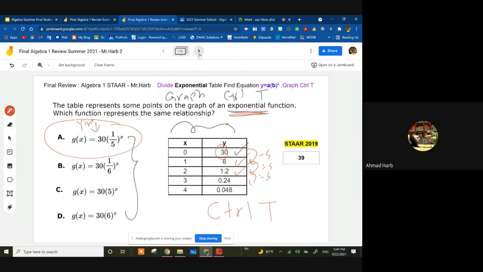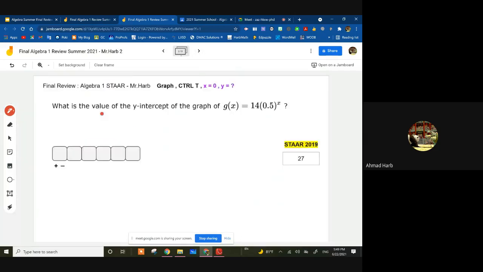Now, if they give you an equation and they want the y-intercept, like we said with the definition, the y-intercept is where the graph crosses the y-axis, right? But when it crosses the y-axis, the value of x is actually 0. So if you go to the table, you can look where x is 0, what is the y? And that y is actually the y-intercept.